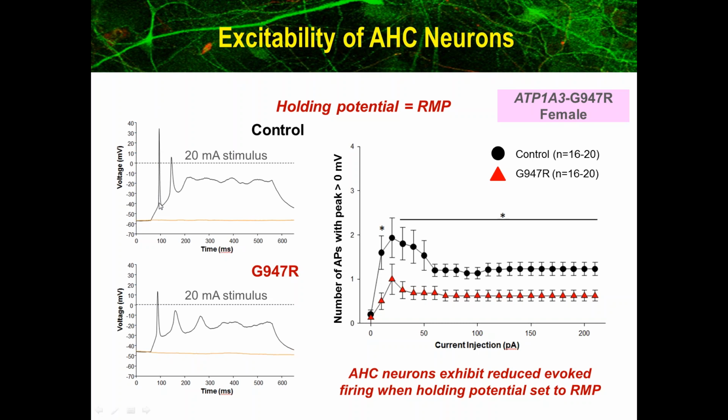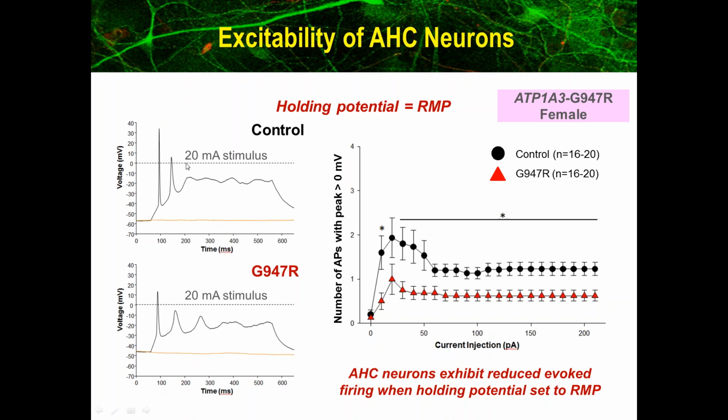When you see these spikes of membrane voltage, that's what we refer to as an action potential. Sometimes you get one, and sometimes you get more than one.